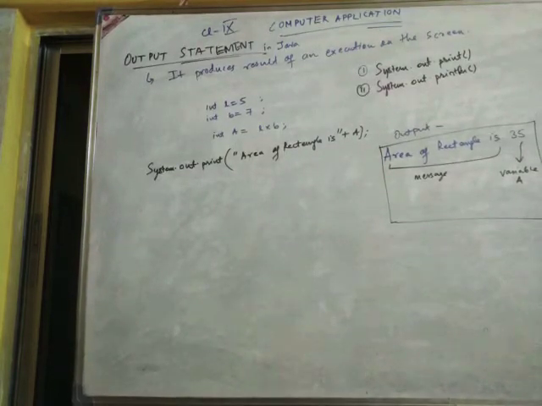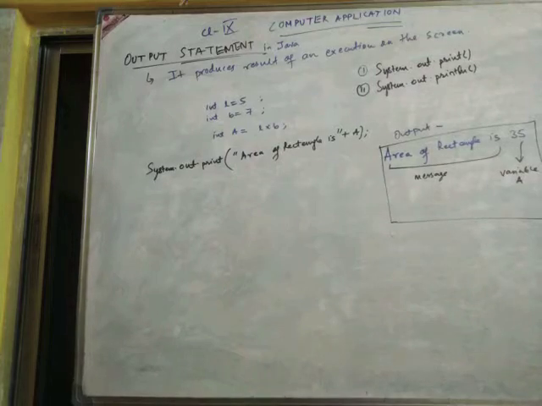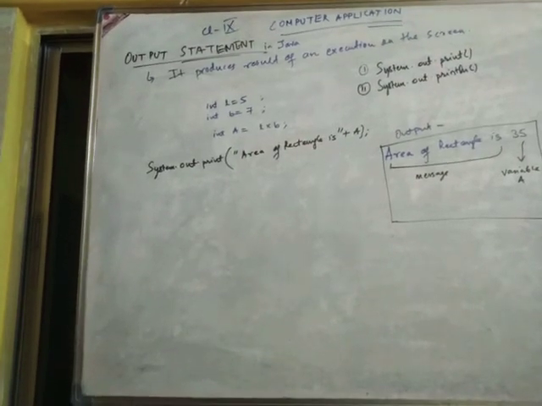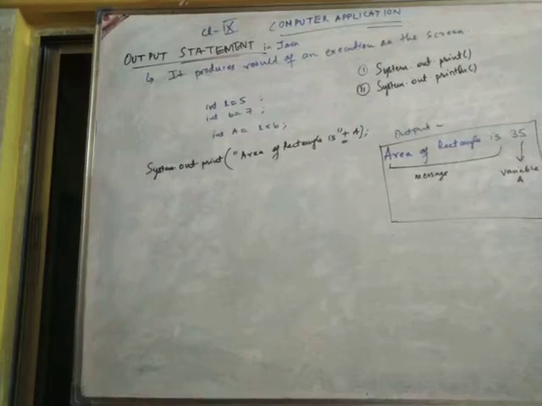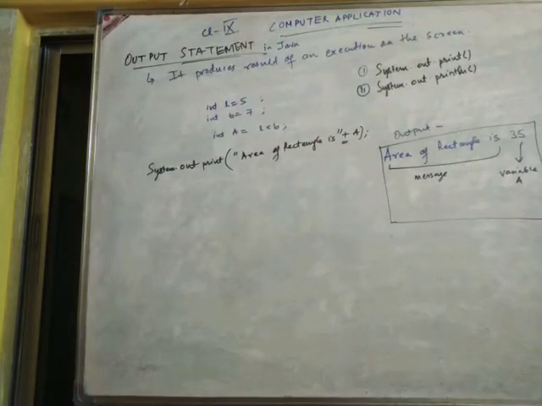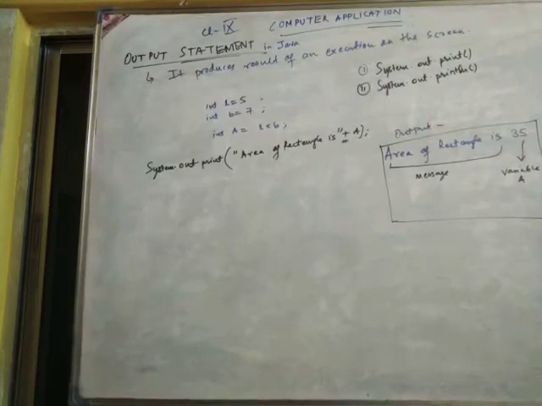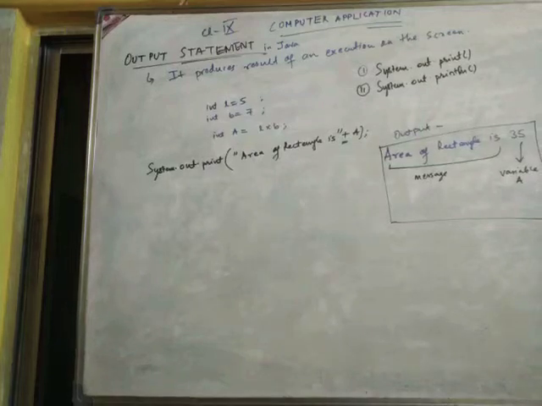Remember that a message will always be in double quotation marks. Clear? So we wrote area of rectangle is in double quotation marks, and the message and a variable can be joined by a plus sign. You can see a plus sign there, no? That plus sign is used to concat. Concat means to join a message and a variable in the output section. If I want to join a message and a variable in the output section, I have to use the plus sign. So I'll write System.out.print. Clear?